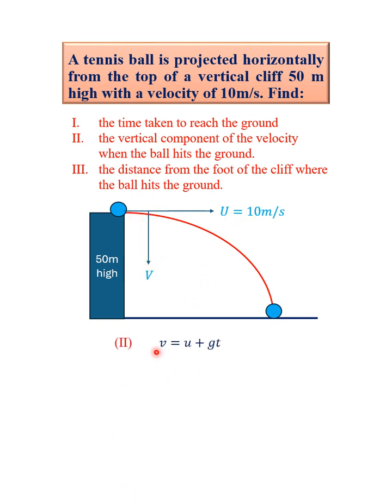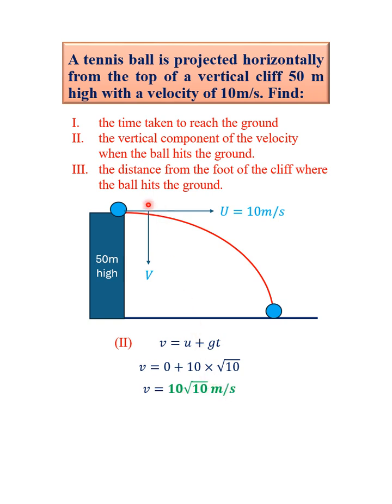So we can say v equals u plus gt, where v is the vertical component of the velocity, u is the initial velocity, which is 0 for the vertical motion because it is as if the ball is released. So if we put the values, we have v equals 0 plus 10 for g times root 10 for the time taken. So the vertical component of the velocity v is equal to 10 root 10 meters per second.